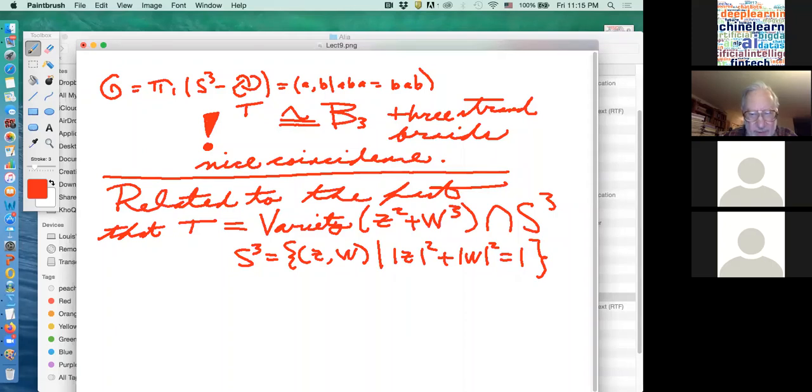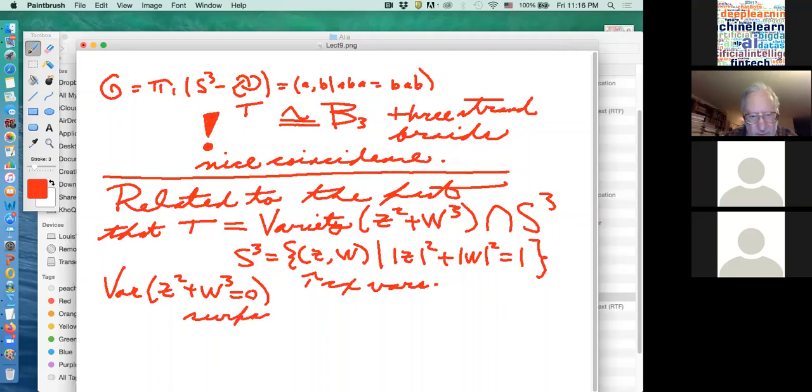So this variety, these are complex variables. The variety of z squared plus w cubed equals 0, of course, is what I mean, is a surface in C cross C, which is isomorphic to R4, and the unit sphere in R4 is a three-sphere.